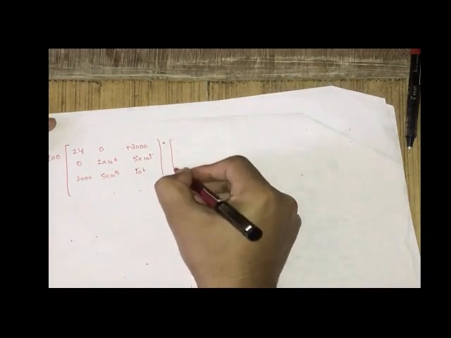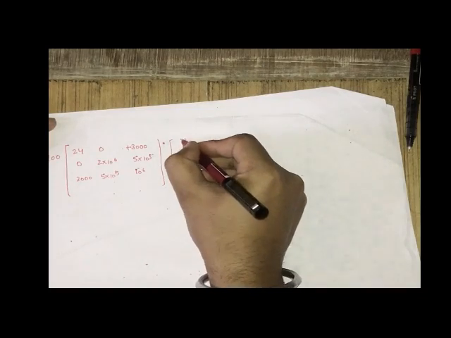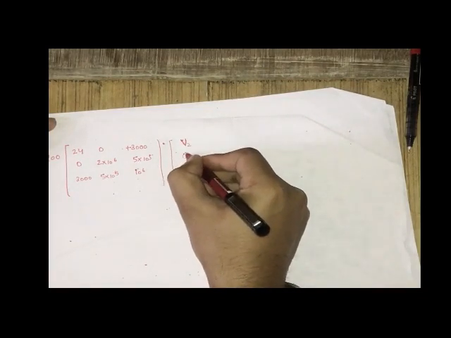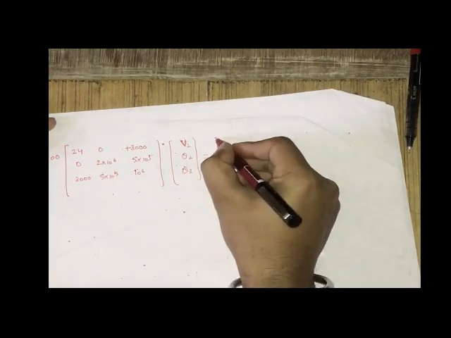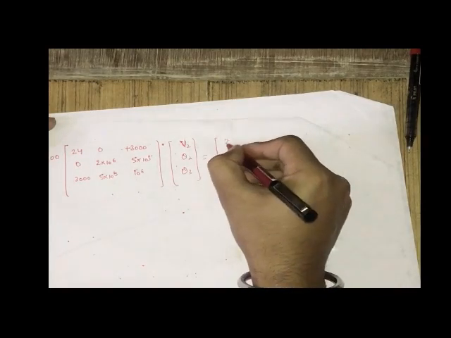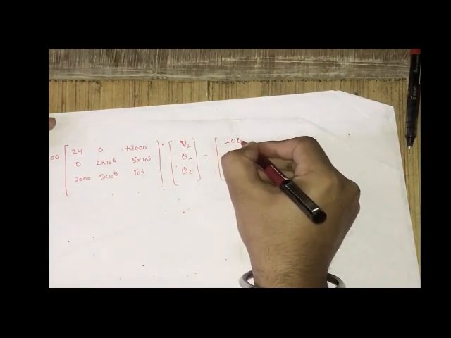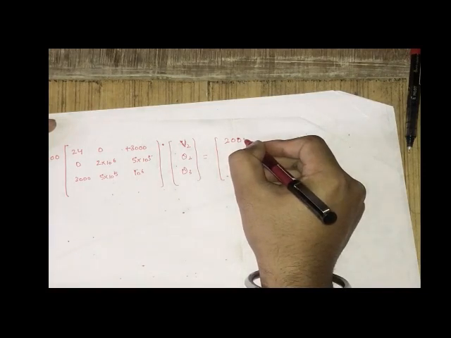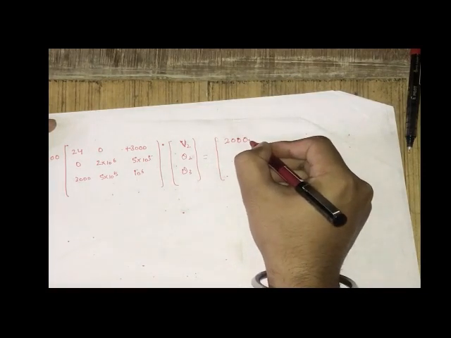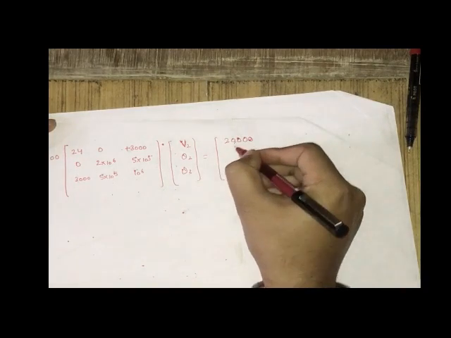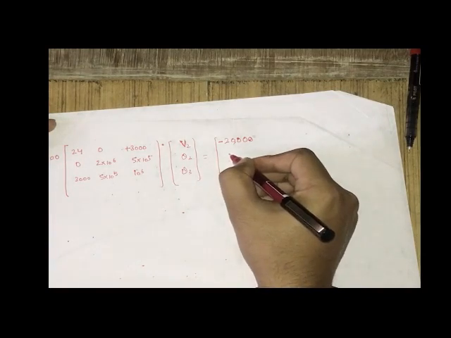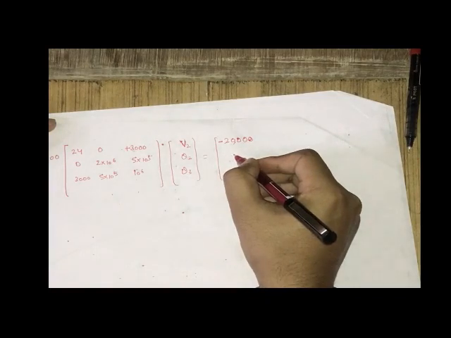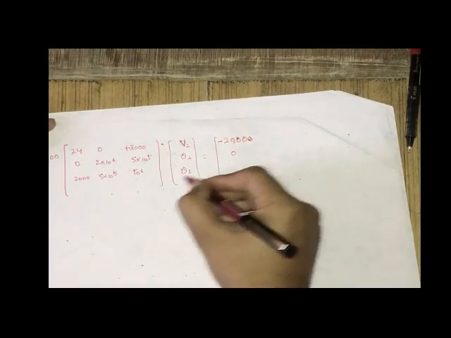In the displacement, the remaining values are v2, theta 2, and theta 3, equal to 10 raised to power 3, 20,000. It is downward, so we take minus 20,000, and corresponding to this we get 0 and 0.